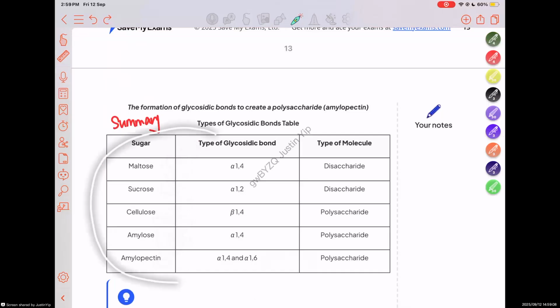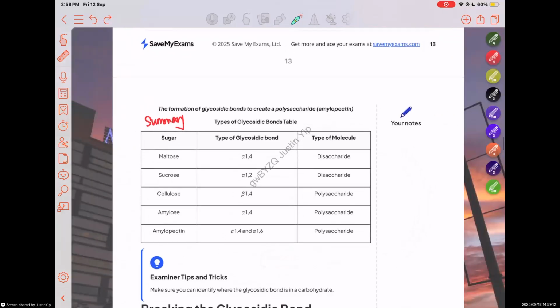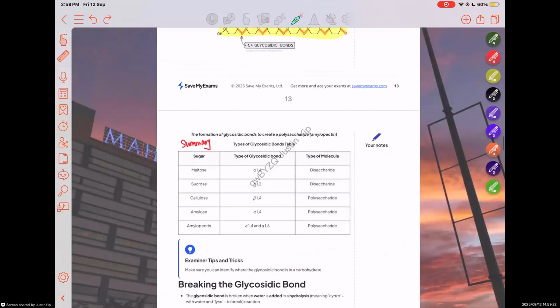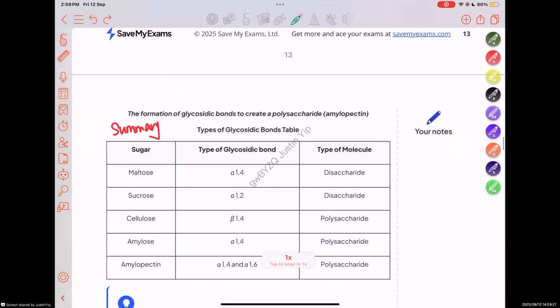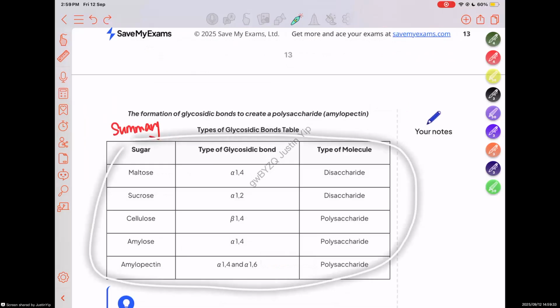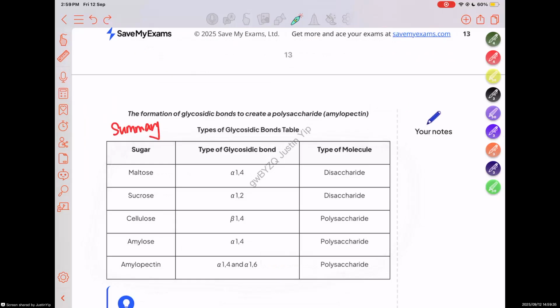Make sure you know how to identify where the glycosidic bond is in a carbohydrate. So do I have to memorize all of this? Yeah, you need to memorize this. If you know this, sometimes when you answer a question, you don't need to proofcheck so much. You can directly know which answer is correct.